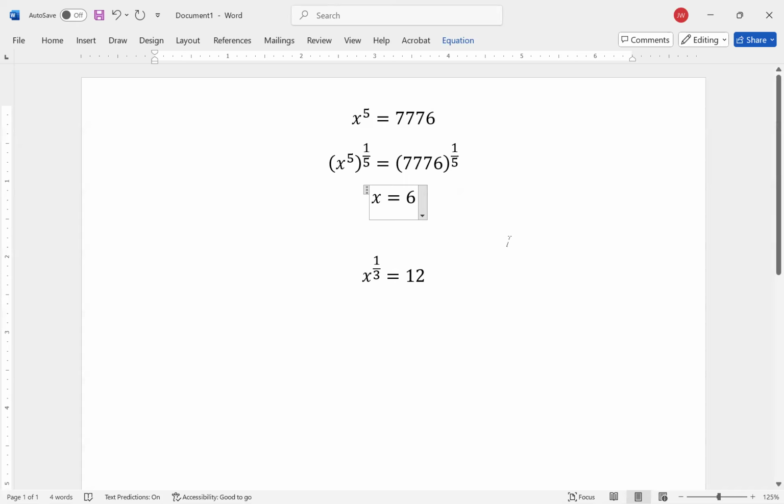You could have also taken the fifth root, because we know 1 over 5 as an exponent is the same thing as the fifth root. And the fifth root of 7,776 would have been 6. In a similar way, if I have a 1/3 power, I can just take both sides and raise it to the third power.